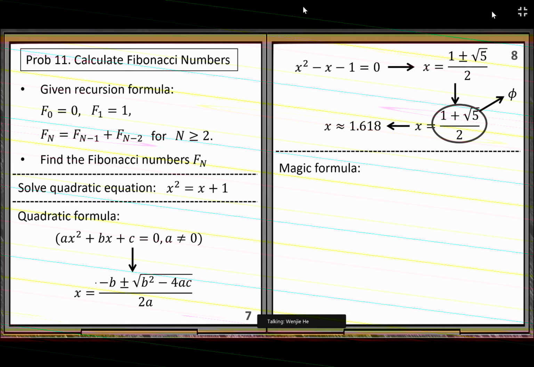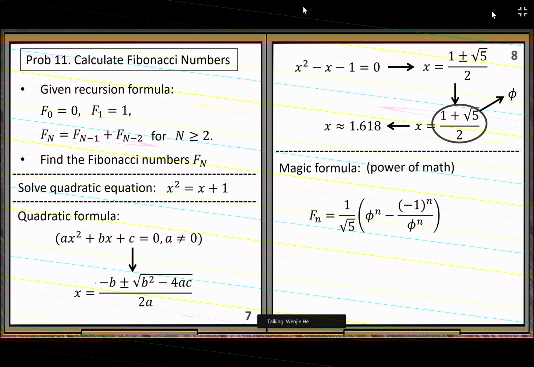All right, magic formula. Now, let's talk about some math formula for Fibonacci numbers. There is a very special formula for Fibonacci numbers. Let me show you here. F sub n, the nth Fibonacci number, equals, look at this formula, so special: 1 over √5 times parentheses.